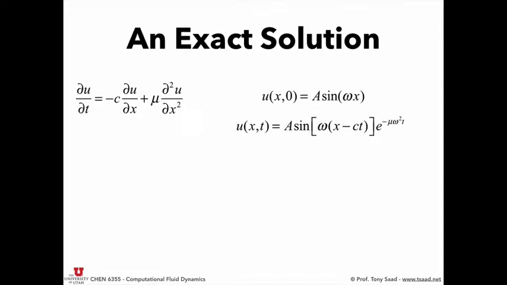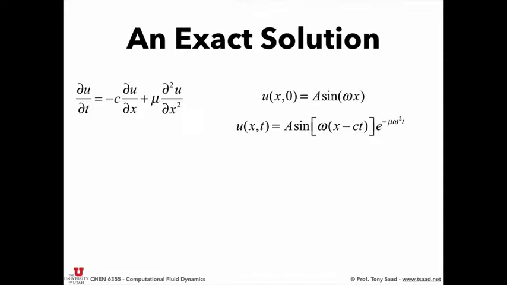Simply, you take the initial condition and move it in space at the speed c, and you also scale it with an exponential term, minus mu, that's the diffusion coefficient, times omega squared. Notice the omega squared here.